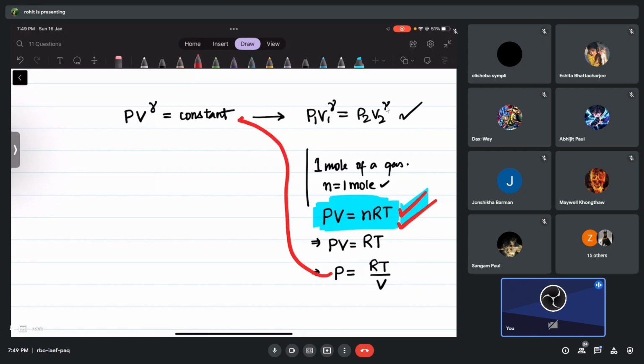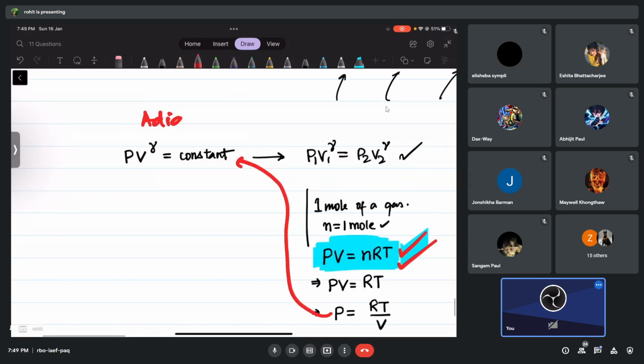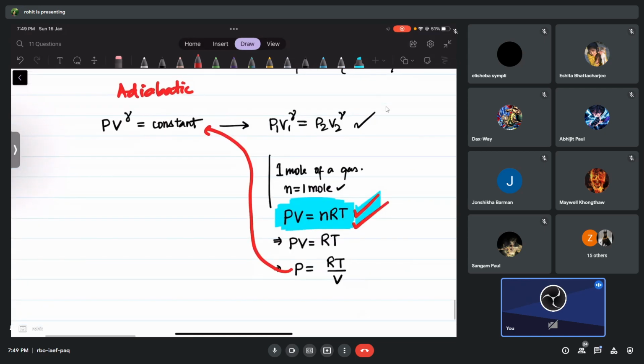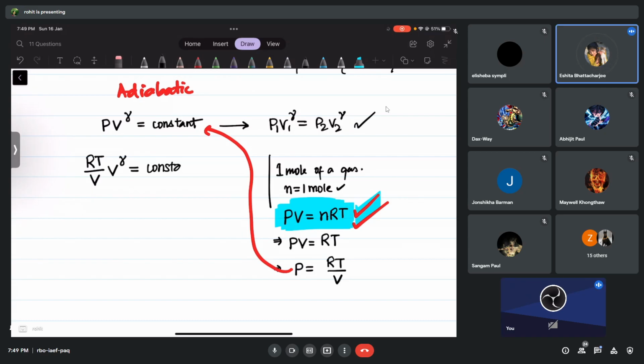See, I'll go back here for an adiabatic process, and I told you this is not the only way we can write it. So let me just use it over there. Please tell me, guys, what will I get? In place of P, I'm going to write RT by V, and then I have V here to the power gamma equals to what? Constant. Then T, then V to the power how much, guys?